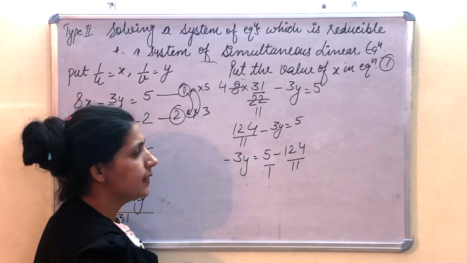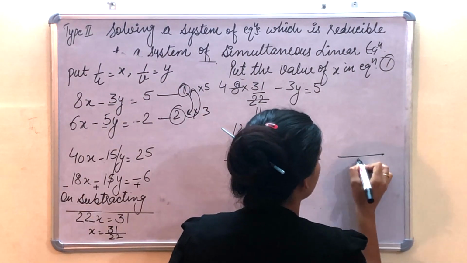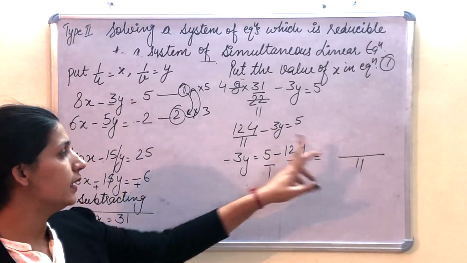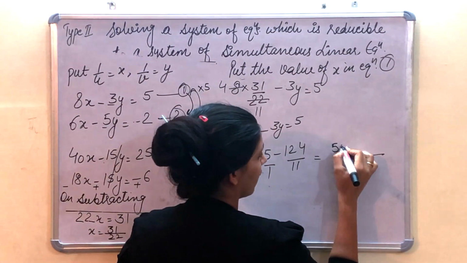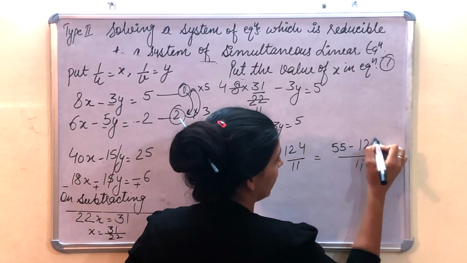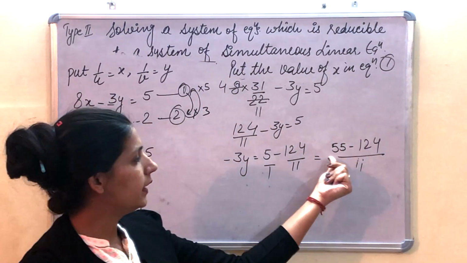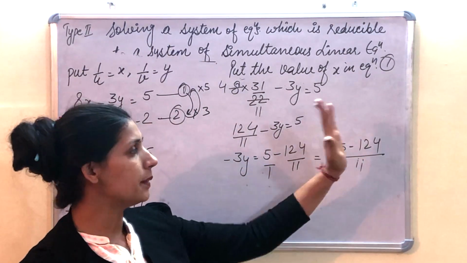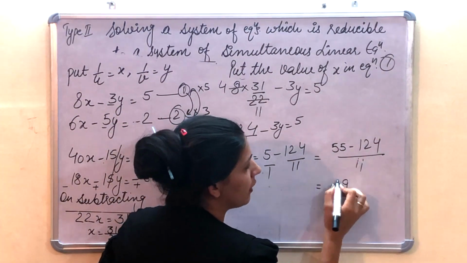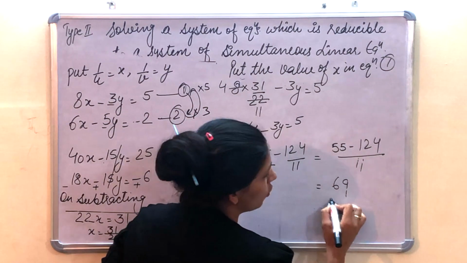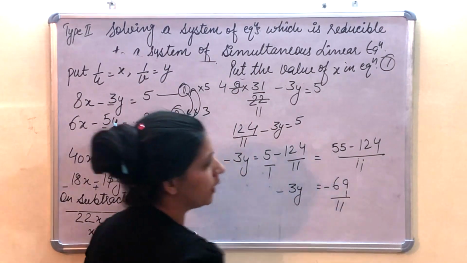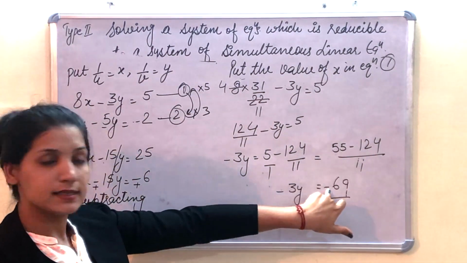So take the LCM. LCM of 1 and 11, it is 11. If we divide 1 and 11, our answer is 11. 11 5s are 55. 11 ones are 11. 124 ones are 124. So it is of positive, it is of negative. Subtract these two. 124 minus 55, it is 69. So by 11, it is our minus 3y, and it is also negative because the larger number has negative sign.